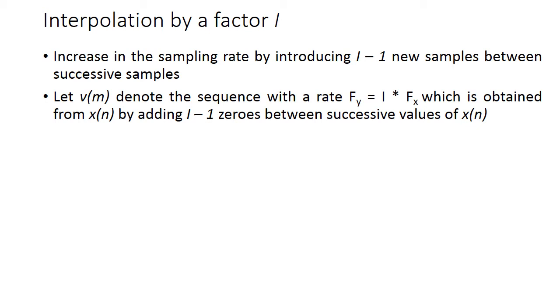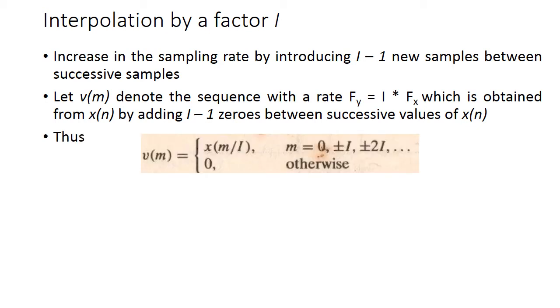This is basically obtained from the input by adding I minus 1 zeros between the successive values of x of n. Suppose I is 10, then we need to introduce 9 zeros between the successive values of the input x of n. When the sampling frequency is increased, we need to decrease the sampling interval.